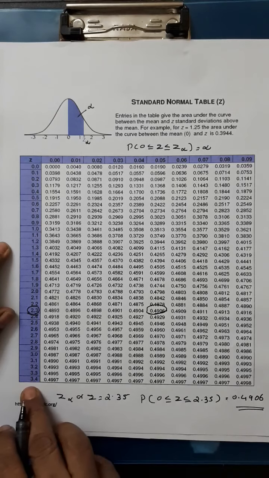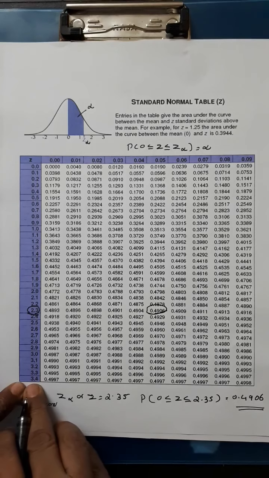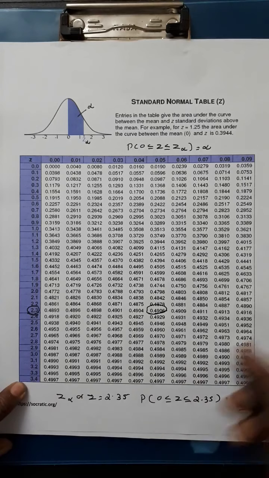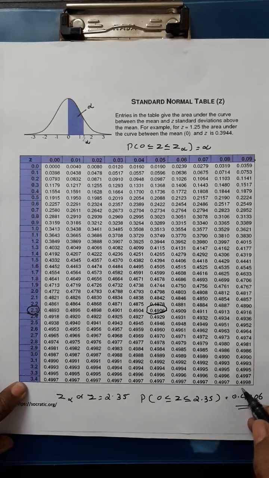We know that the maximum positive value of z is 3.49, and its probability is 0.4998.